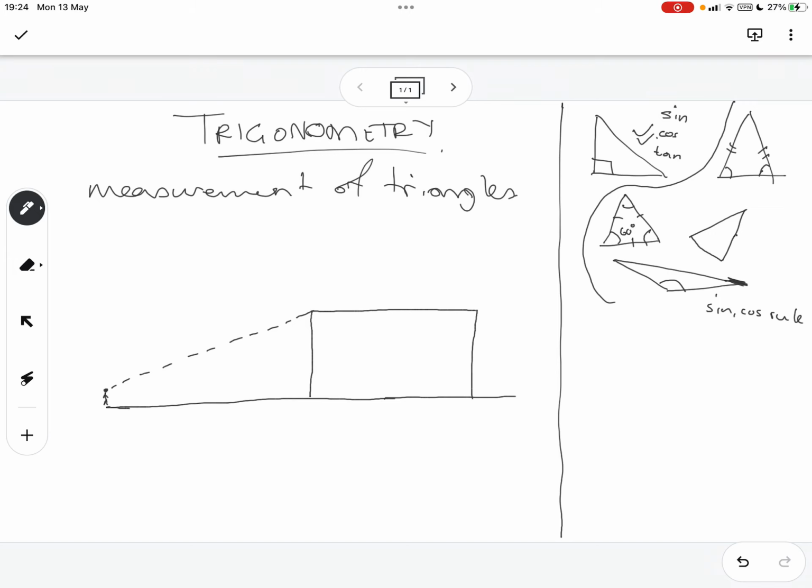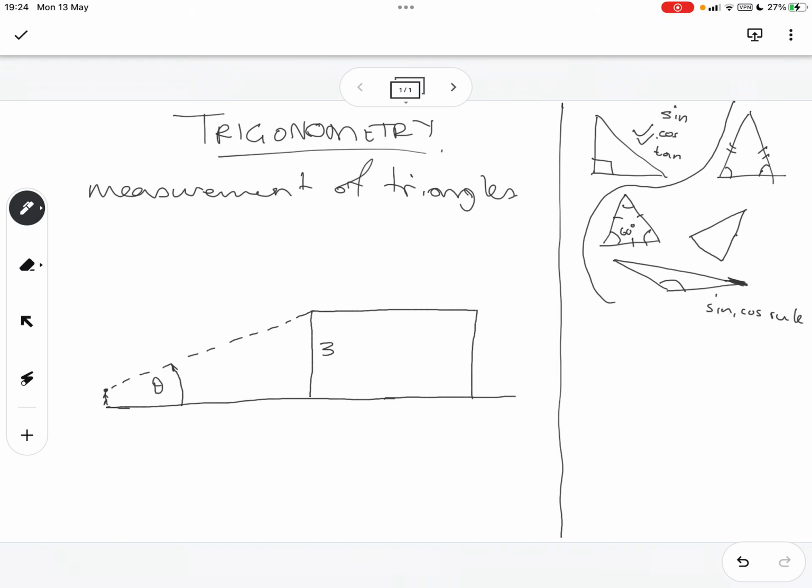Like you tilt your head to look up, is what I'm saying. Because you tilt your head, the line of sight of your eyes is no longer parallel to the floor. Instead, it forms an angle with the floor. When your line of sight forms an angle with the floor, we call it an angle of inclination.